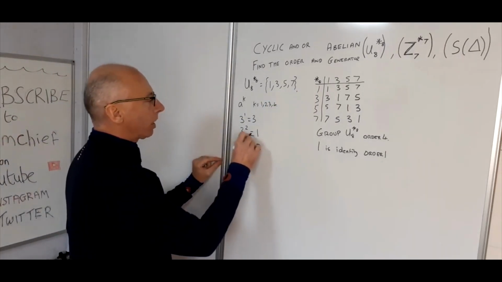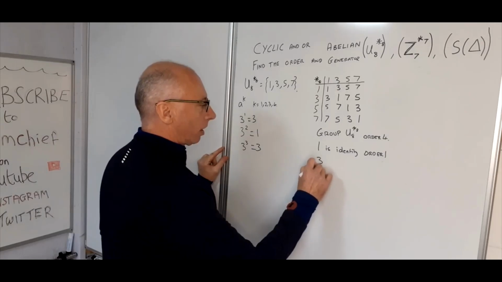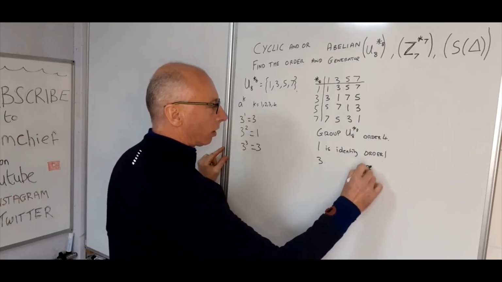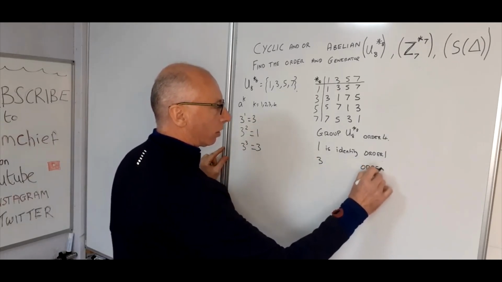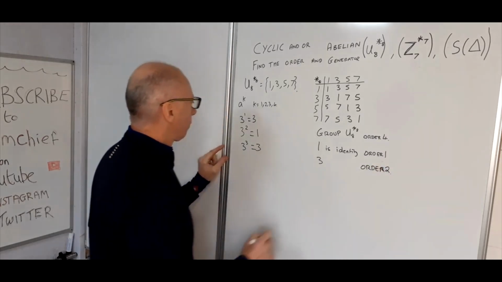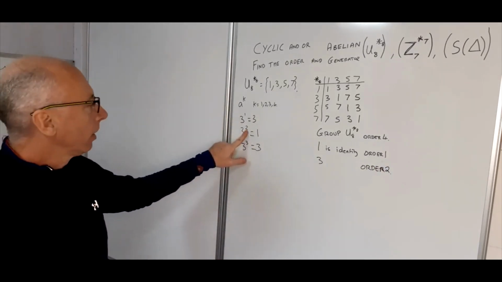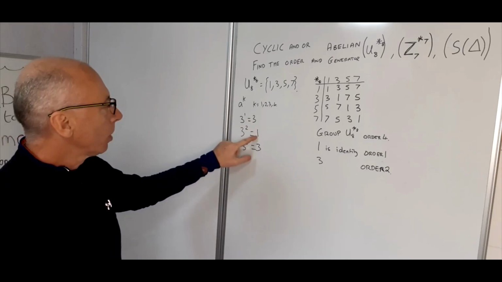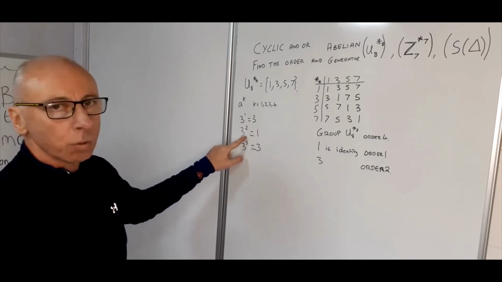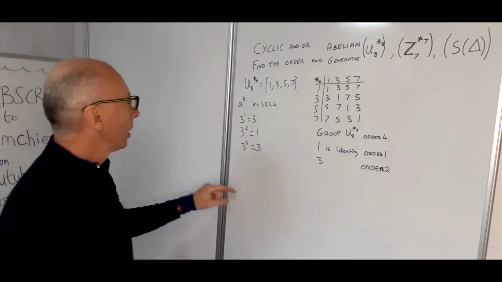So basically we say that 3 is order 2, because the power, where we start repeating, is squared. So 2 is the order of 3.